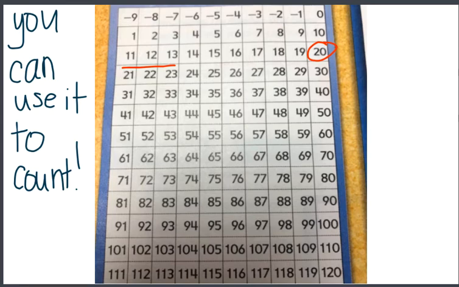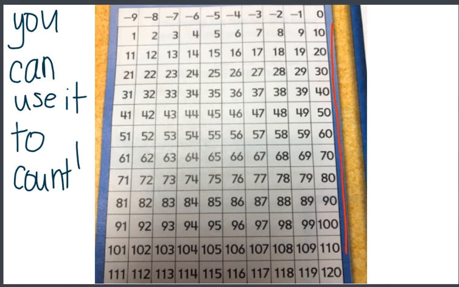So you can use the hundreds chart for counting. And something really important to remember when you use the hundreds chart for counting is that you can go across in rows to increase by ones. You can also go backwards by ones for subtraction. But also, you can count by tens by going down the hundreds chart with the columns.